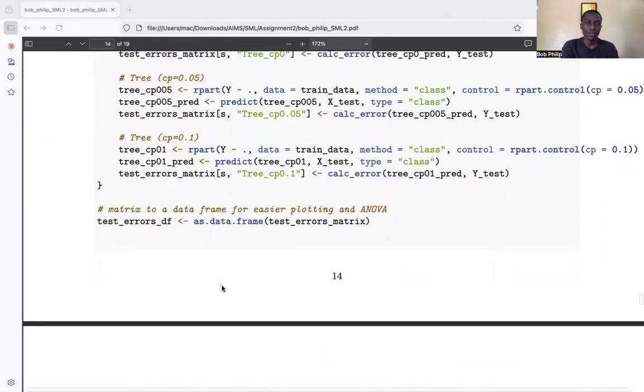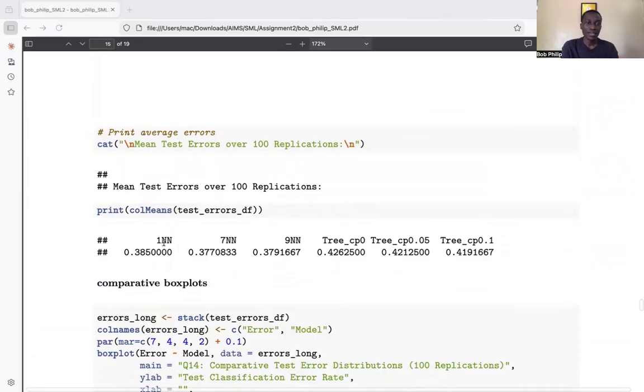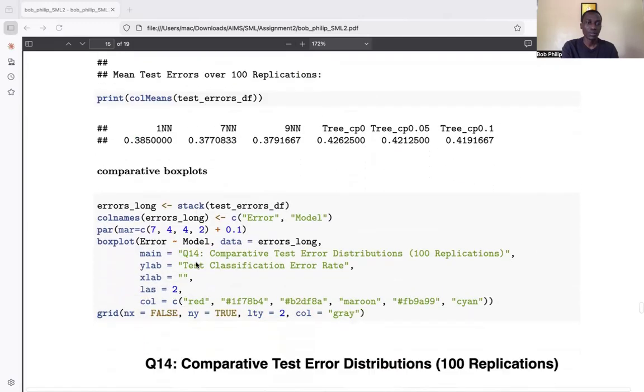As we can expect, from high accuracies we now go to the highest errors, with 1NN having the highest error, and the tree with CP0 having the highest error of 42. This means the model with the highest accuracy here was just 60% accuracy.